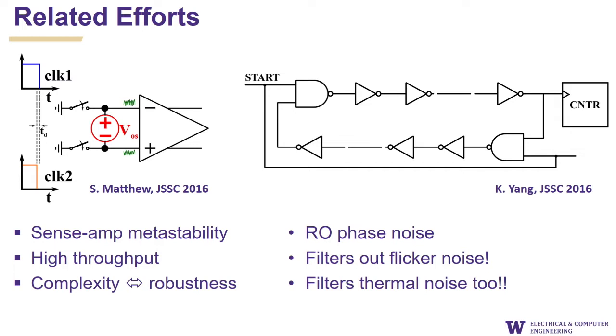The complexity involved in this circuit, however, is significant, because the way it's built, you basically need femtosecond level control of 2 edges that go into your comparator and determine the bias in the circuit. The work by Kai-Yun Yang is also very interesting.